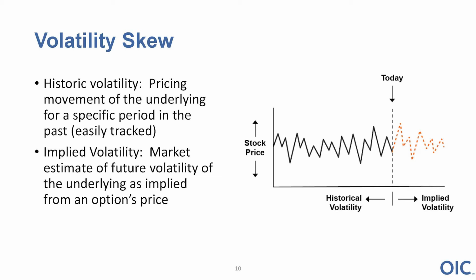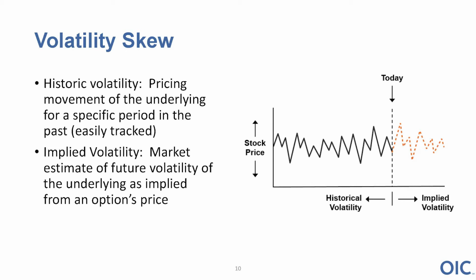You can think of it as an EKG for your stock. Some stocks are more volatile than others. A tech stock is going to be a lot more volatile than, say, a utility or a bank stock. Every stock has its own personality, and they all trade at different volatilities. But just keep in mind, when we talk about historical volatility, we're looking at how volatile the stock has been in the past.